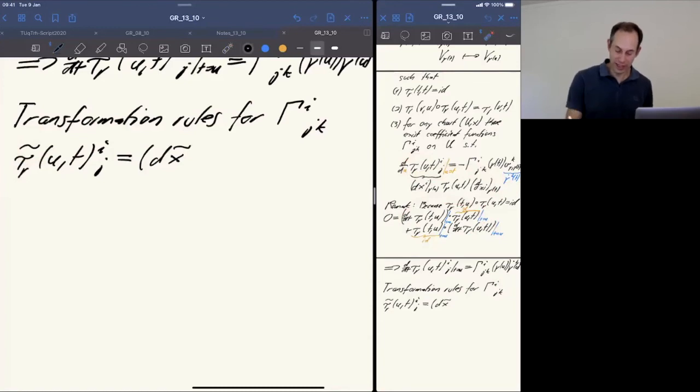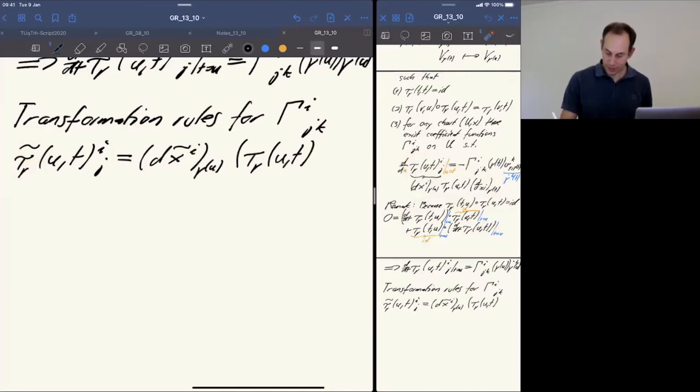So this is a dx tilde I. And this dx tilde I is evaluated at gamma u. It's actually important to keep track of where it's evaluated. Then I apply the map tau to a vector d to the dx tilde j at the point gamma t, at the starting point.